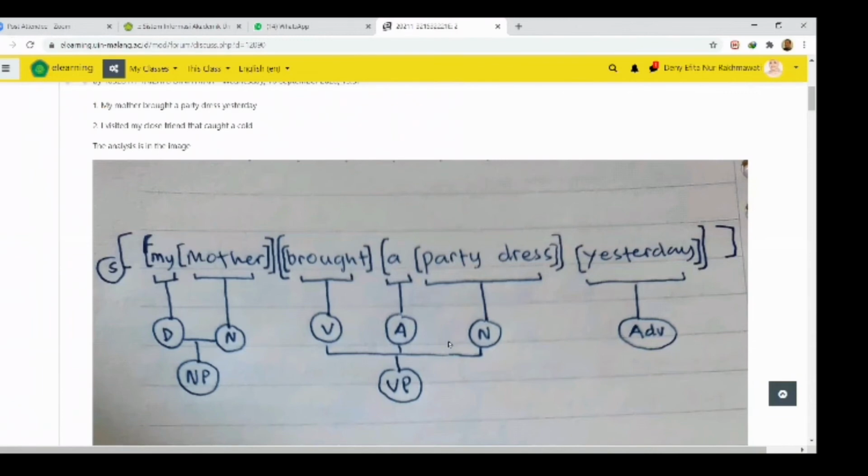Is it clear? Yes. Okay, good. Now, let's define whether the word is an ultimate or immediate constituent. Please open your e-learning again to remind yourself about the definition of those two kinds of constituent.